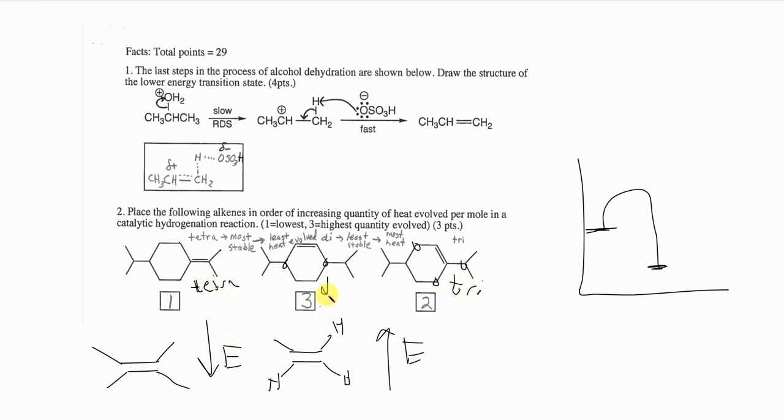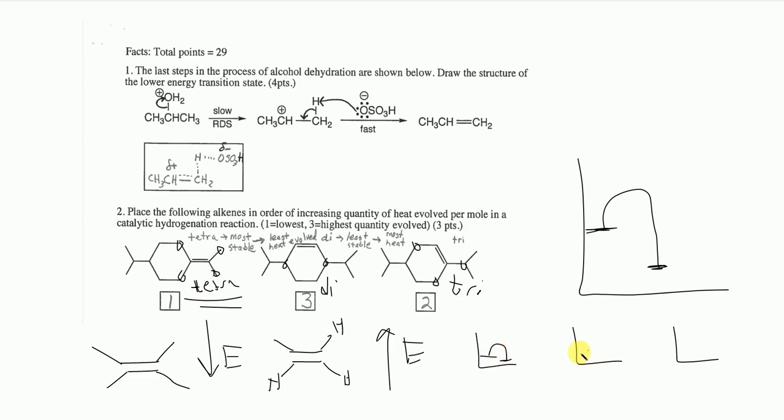Tetra means 4 carbons attached to a double bond. This is 2 carbons, this is 3 carbons. So this tetra one is going to be the lowest energy. Therefore, if I do this reaction, it's going to evolve the least amount of heat. If I were to draw a graph for each and every one of these, from left to right, if I had 3 graphs, the tetra one would look something like this.